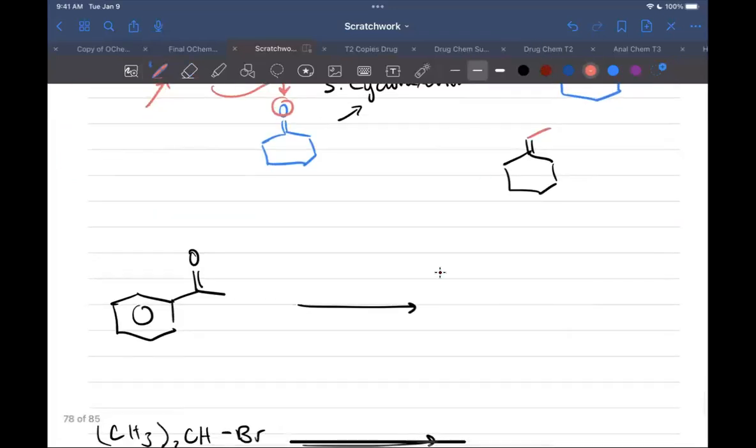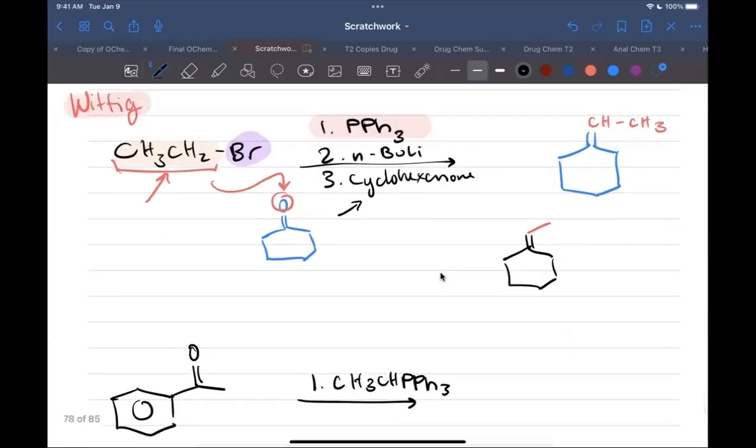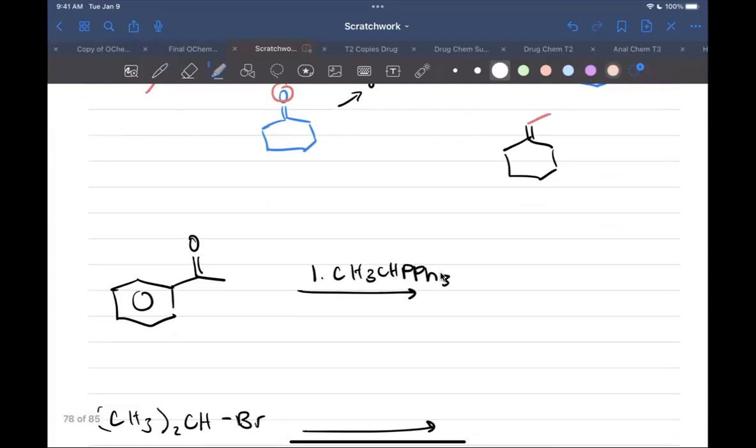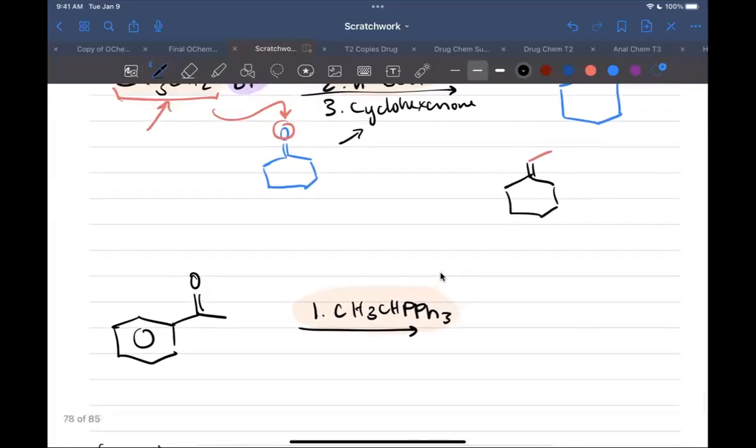So let's actually try it out. What if we had our Wittig reagent as this? CH3CHPPh3. And remember, something I want to note, these first two steps just create your ylide. And over here, I just essentially condense that. I already have my ylide. I don't need to treat it with anything else. I already have my reagents, so I just combine them.